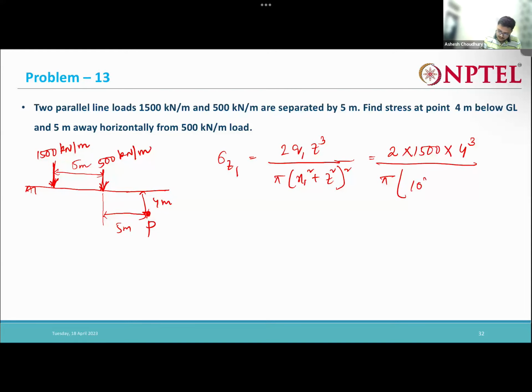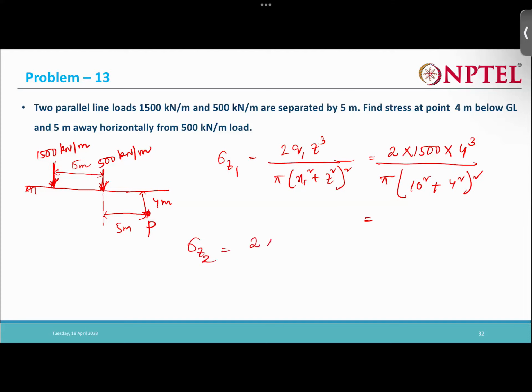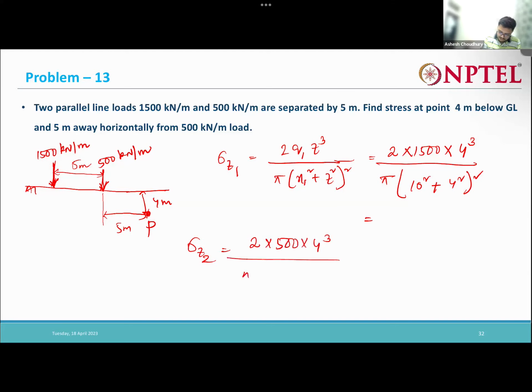So 10 square plus 4 square, whole square. Similarly, we will have delta sigma Z2: 2 into 500 into 4 cube, by 5 square plus 4 square, whole square. Total delta sigma Z is delta sigma Z1 plus delta sigma Z2.